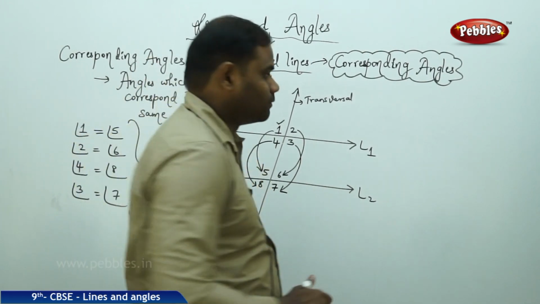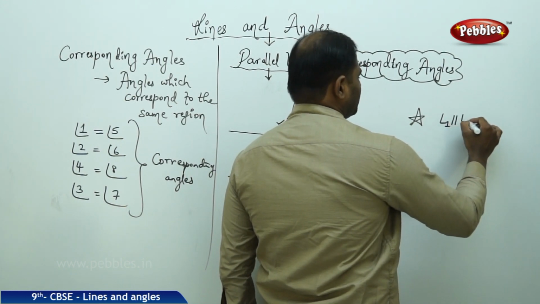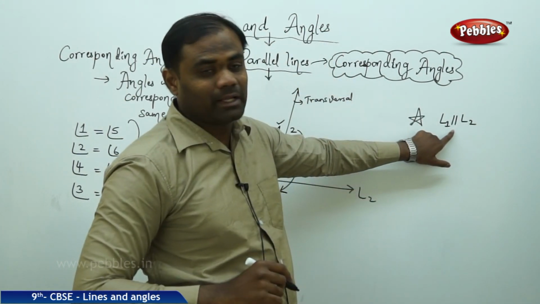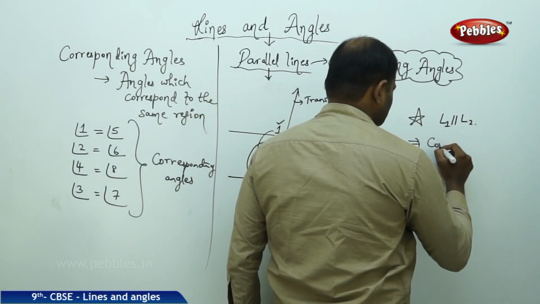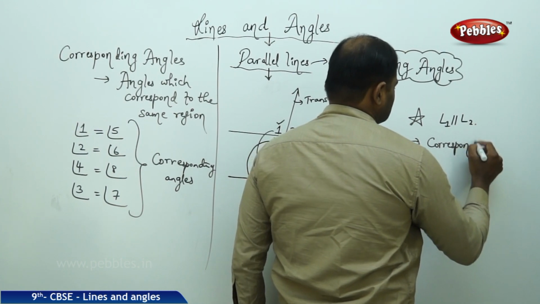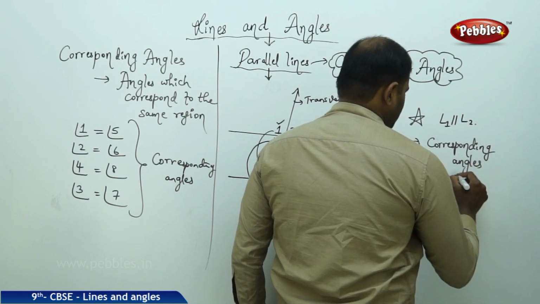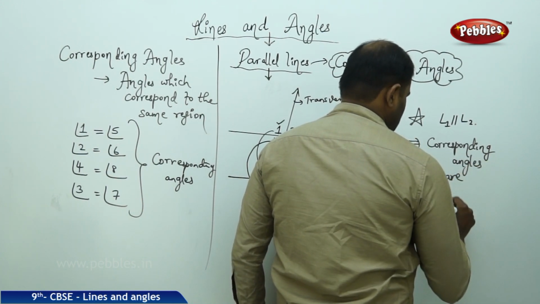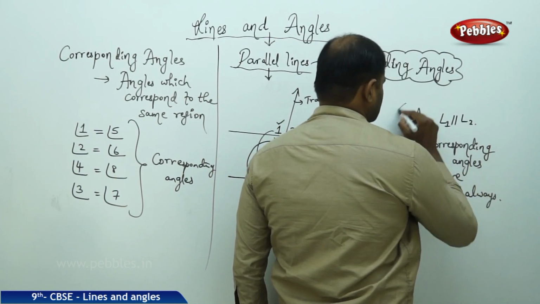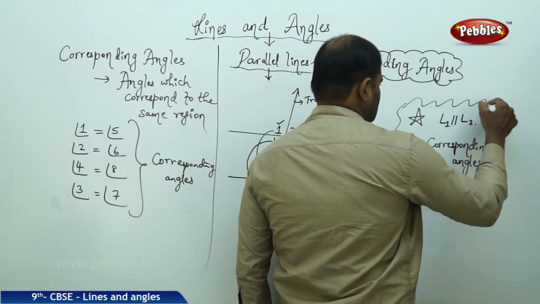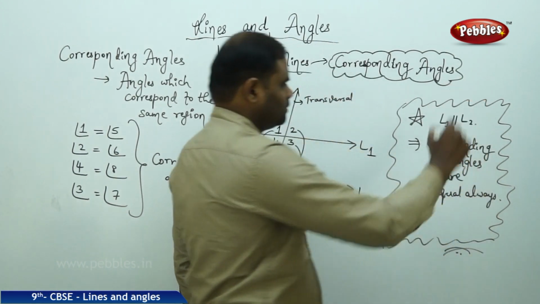Therefore, I have a property which says L1 parallel to L2, where this is the symbol for parallelity. So when line L1 is parallel to L2, it implies corresponding angles are always equal.